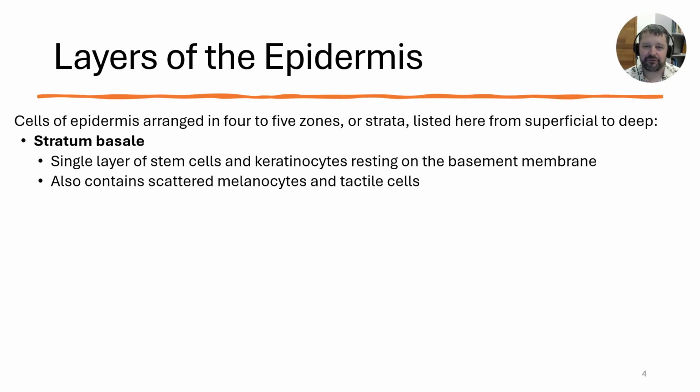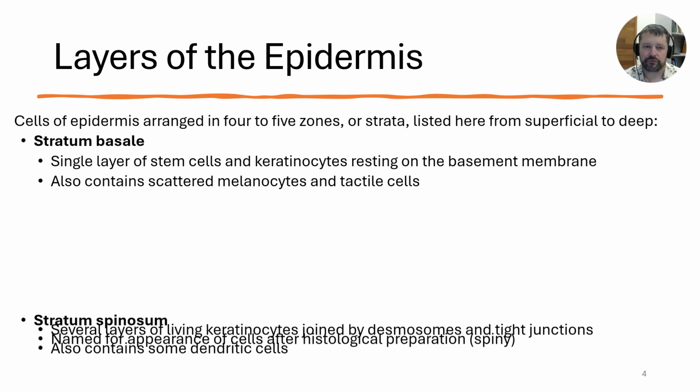So the stratum basale layer is that deepest layer. Okay, single layer, stem cells, generating melanocytes, generating tactile cells. Again, this is a region where there's a close connection with nutrients and energy, and is a good living zone of the epidermis.